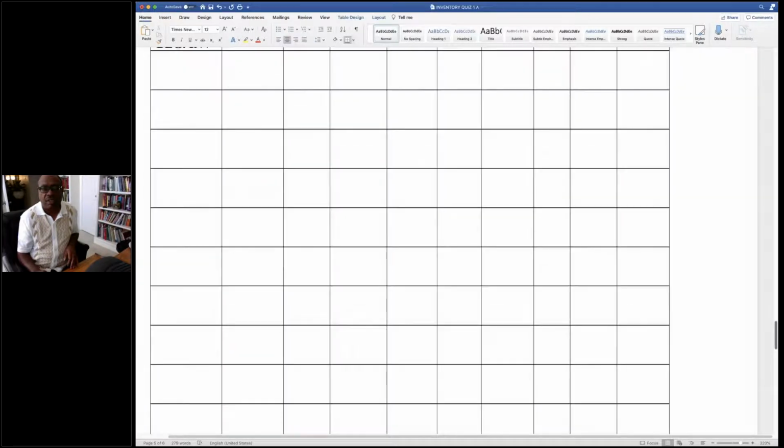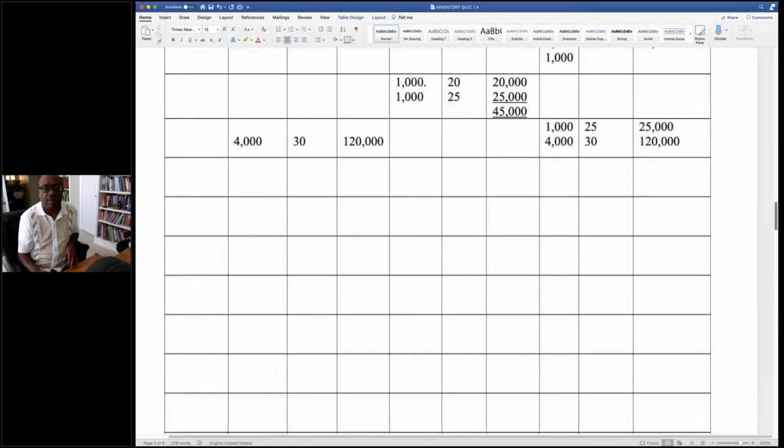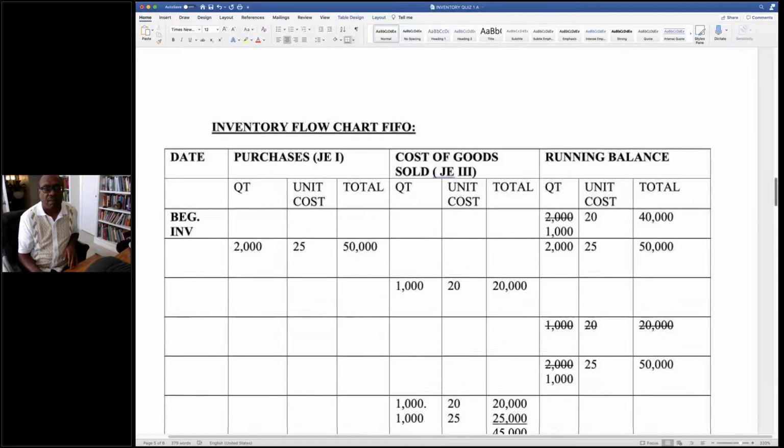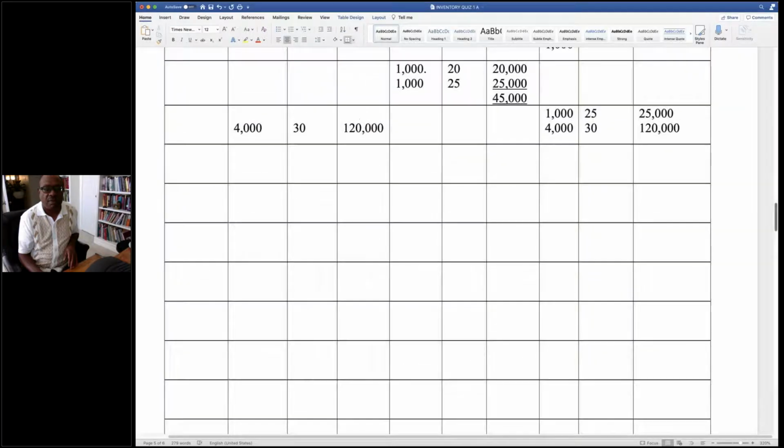What's our cost of goods sold going to be? It should be 85,000. Wait, where are you at right now? How many did we sell? Okay, we sold 1,000 for $25, and we sold 2,000 for $30. So we sold 3,000, right? Yeah. So we got 1,000 at $25, that's $25,000.